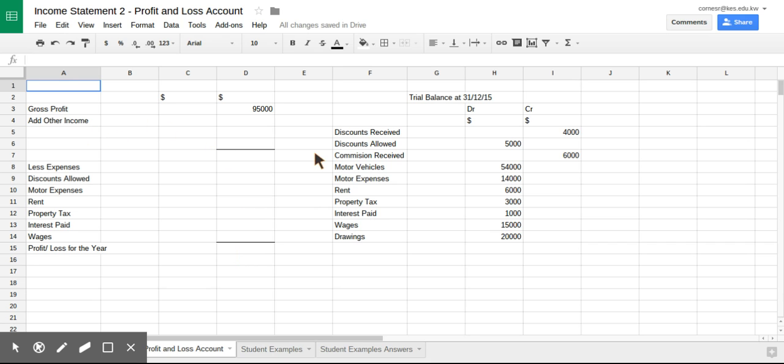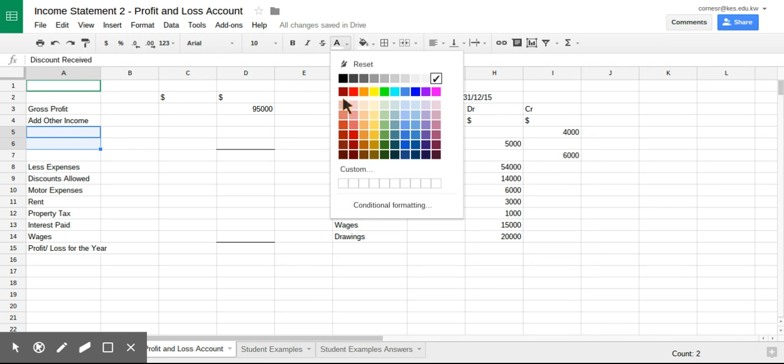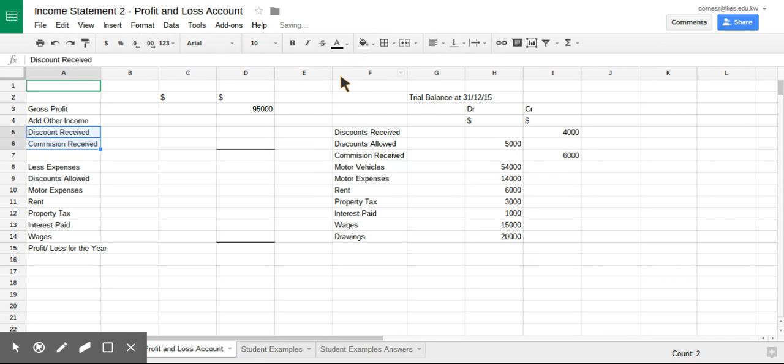So the other incomes for this business, well, we've got a discount received, so that needs to go in. And the other income for this business is our commission received. Commission received is where he's selling something for another business, for example, and if we're doing that, then that money appears in the accounts.